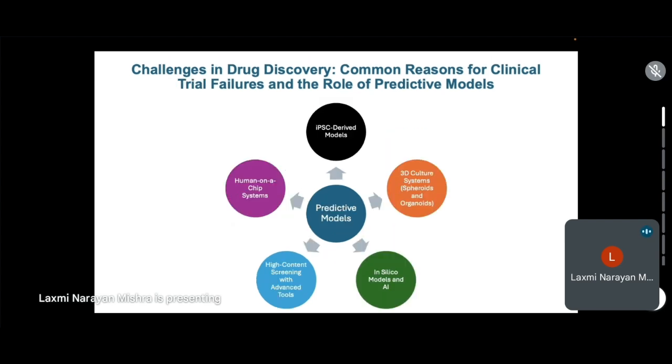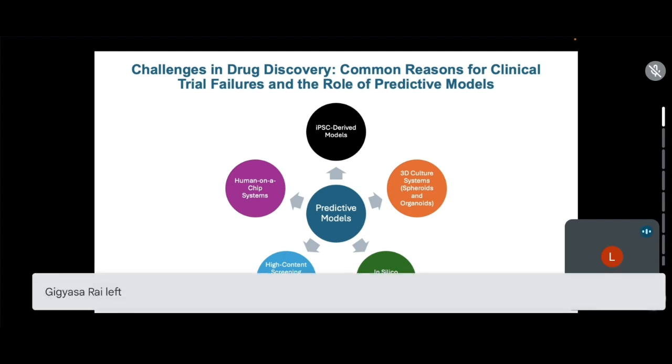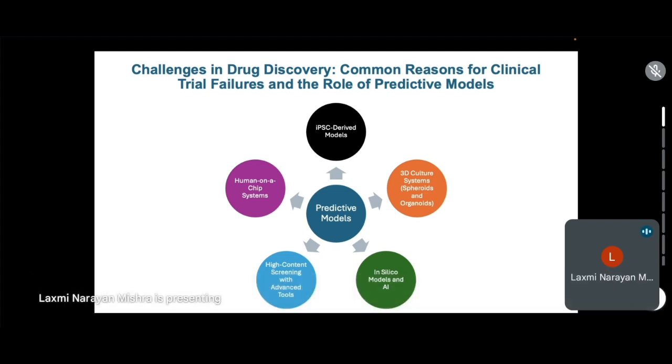So to solve all these issues, there are predictive models which can better predict the outcome of the clinical trials, or before we reach the clinical trials, we have much better data.